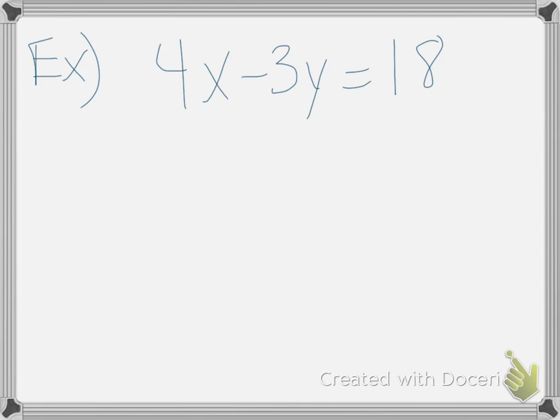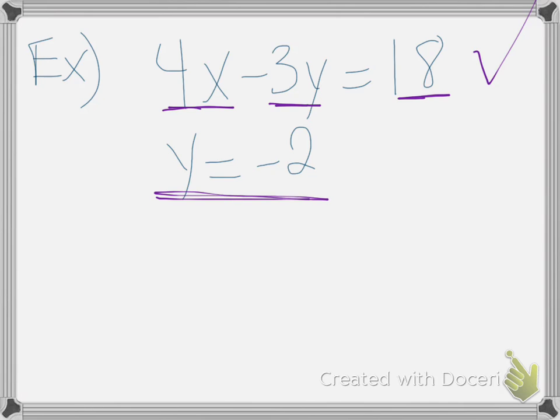Check out this example. Let's put 4x minus 3y equals 18. And then y equals negative 2. Now this one, x first, then the y, then 18. This one is good to go.